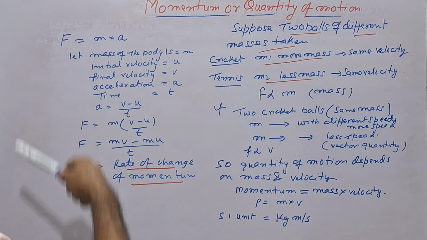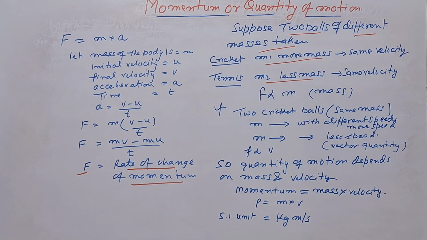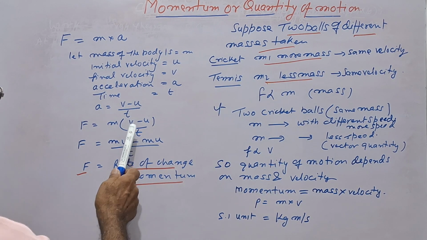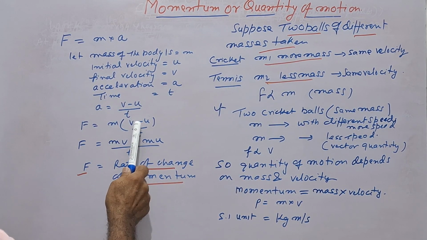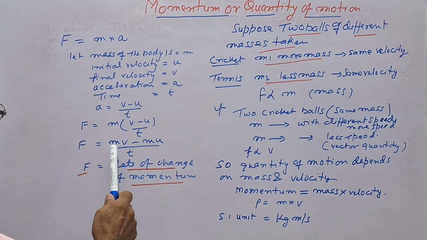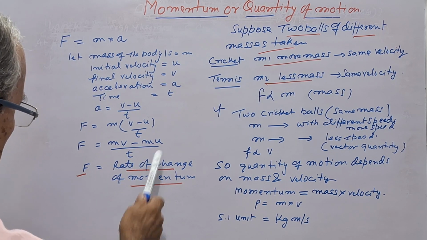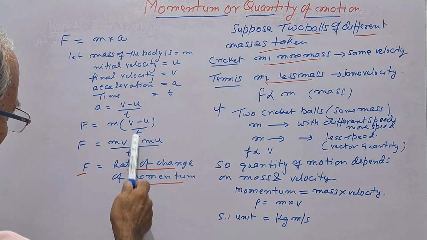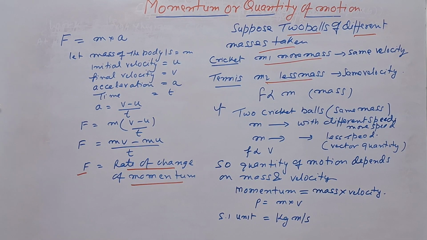That is the rate of change of velocity. Now putting the value of a, F is equal to m into (v minus u) upon t. So F is equal to (mv minus mu) upon t, where mv is the final momentum, mu is the initial momentum, upon t, that is the rate of change of momentum.